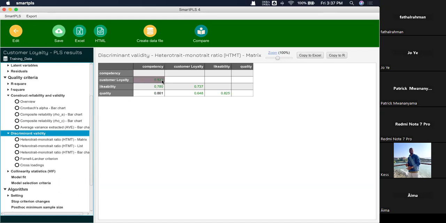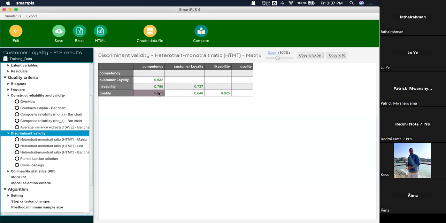Now, if we take a look at this, this is customer loyalty, likability. You can see that these values are all less than 0.85. Loyalty and likability are more abstract constructs, and they are very similar, so we can use the 0.85 criterion here. Even if we increase, some books will tell you to use the 0.90 criterion for everything.